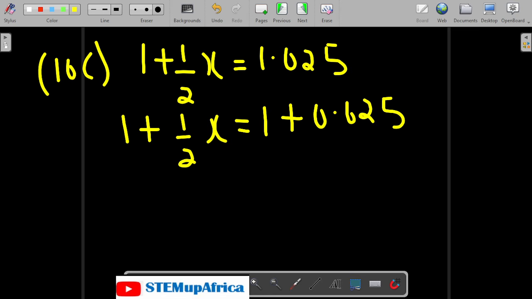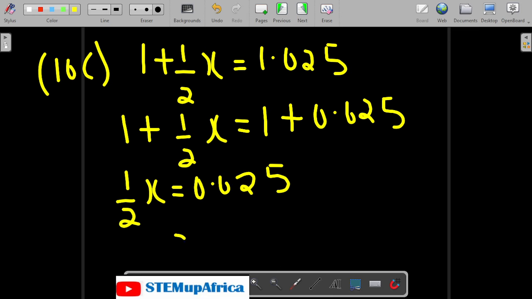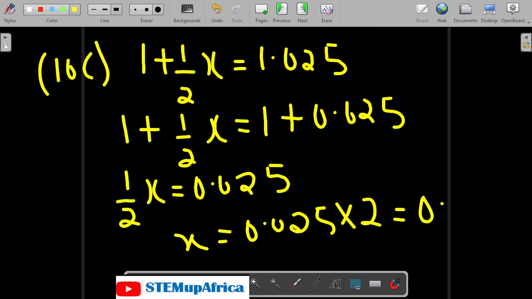So if we compare now, I'm going to have 1 over 2x equals 0.025. What is now my x? 0.025 times 2. So if you do that, what are we having as x? If I multiply 0.025 times 2, that will give us 0.05.